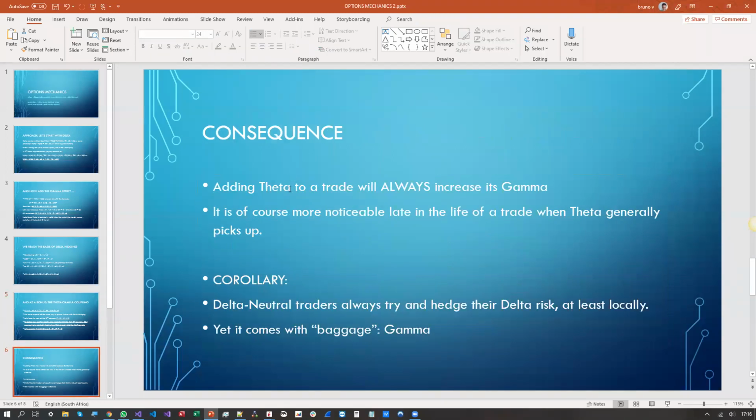So the consequence is that adding theta will always increase the gamma, not only at the end of the trade, even if it's more visible. But usually the consequences of your actions will show up later.